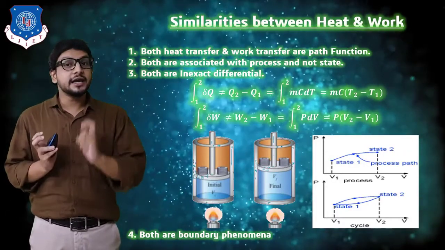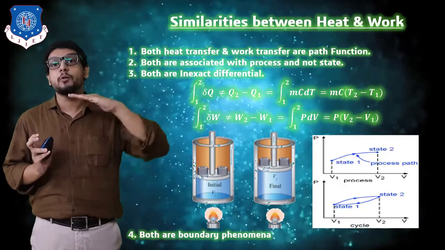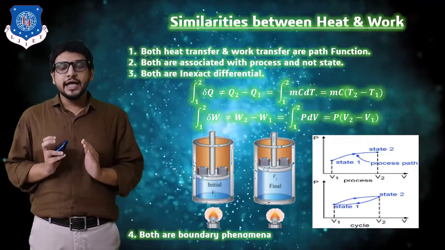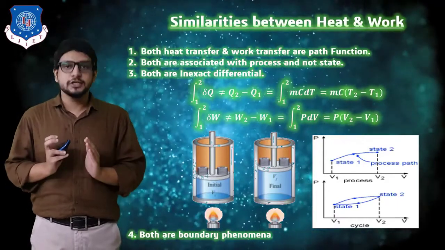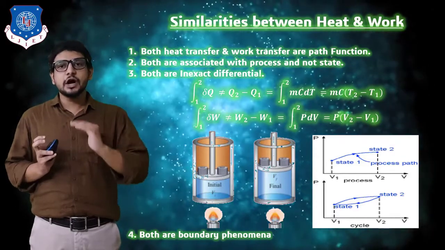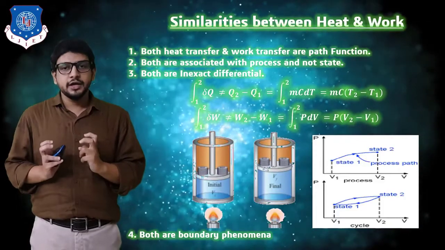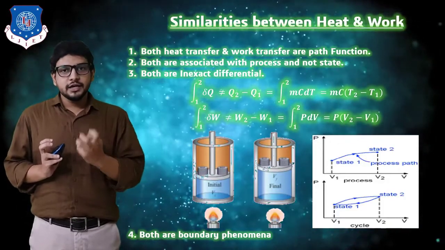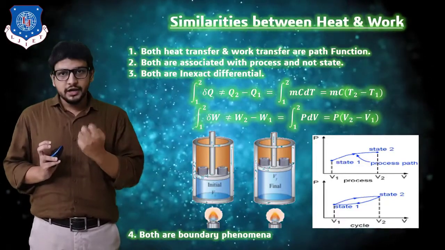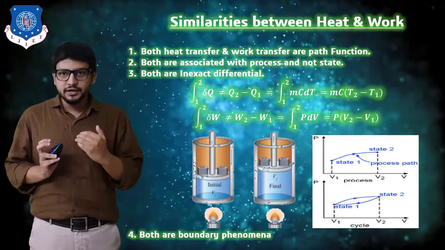Why? Because heat transfer occurs during a process, that is when a system undergoes from one state to another state. You can see on your screen, I have shown a closed piston cylinder arrangement. In the initial state, you can see the piston is in a downward position. I am supplying heat energy to a gas. So what is going to happen? Initially at state 1, its pressure is going to increase. Because of that, the gas is going to push the piston in an upward direction.